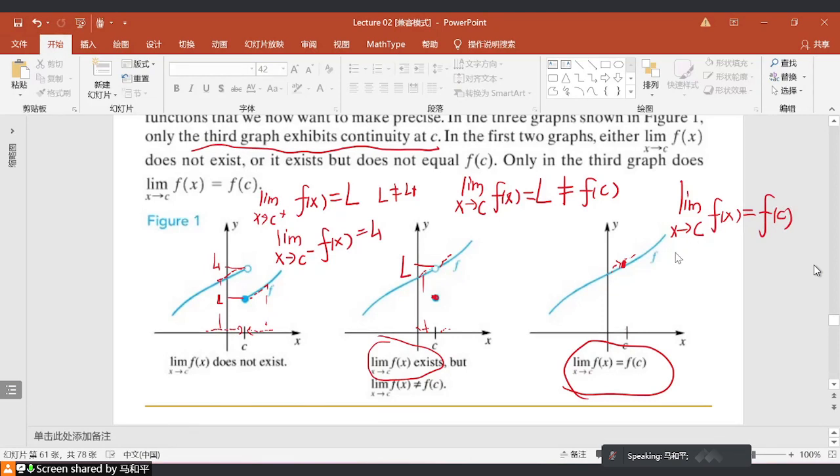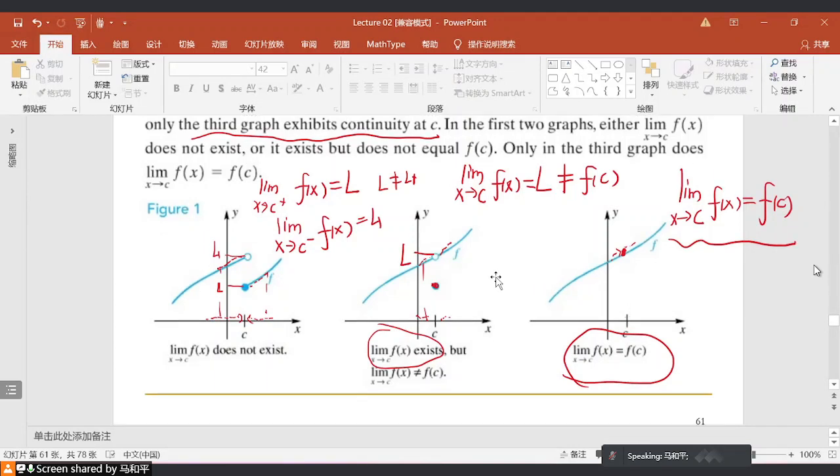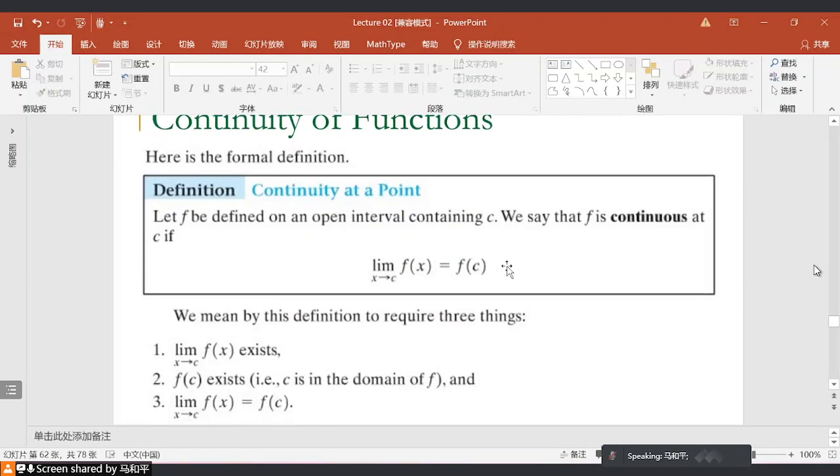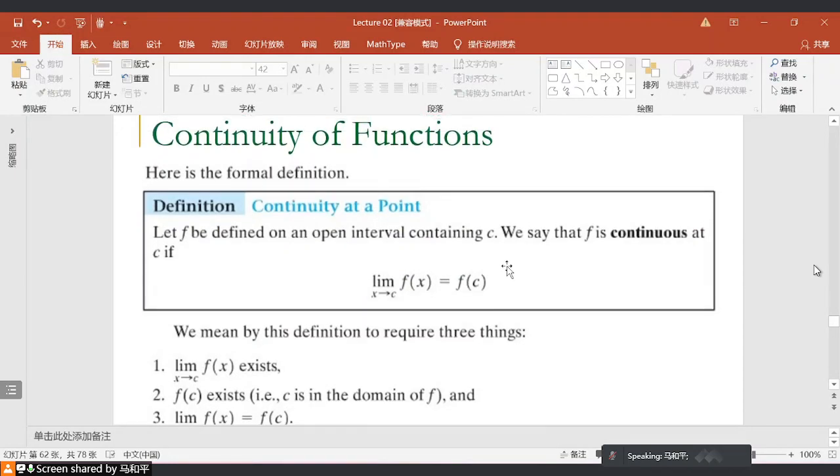So if this equality holds, we say f(x) is continuous at the point C. So we have the definition of continuity. Continuity of functions. We have the definition of continuity at a point.